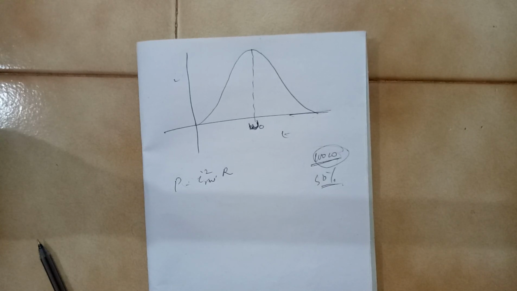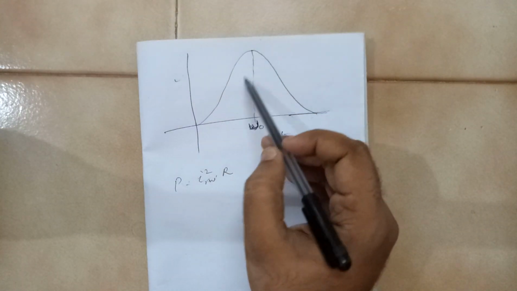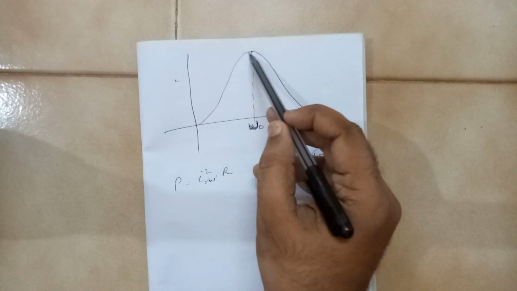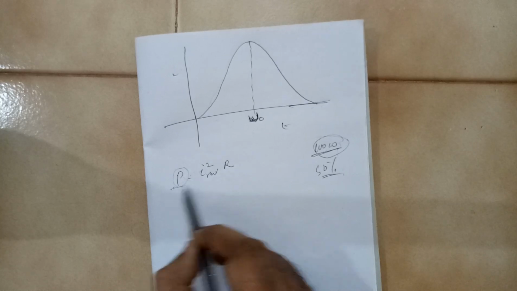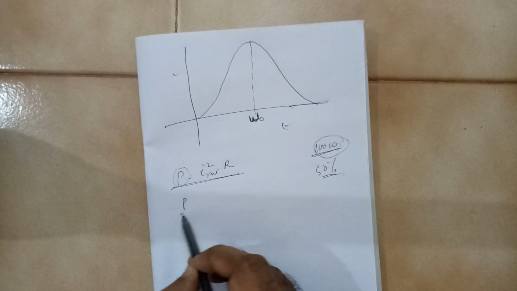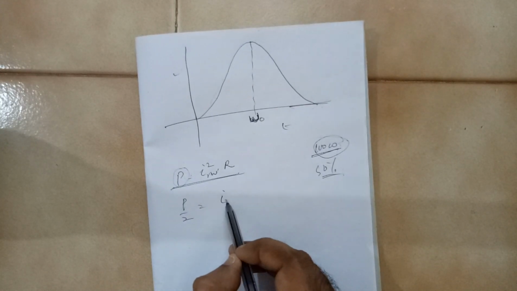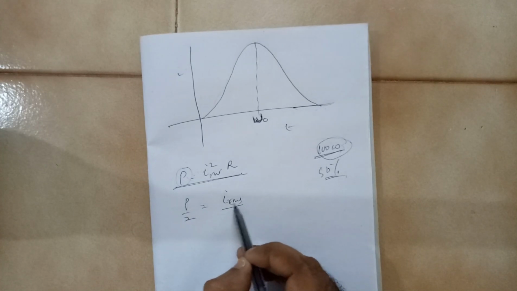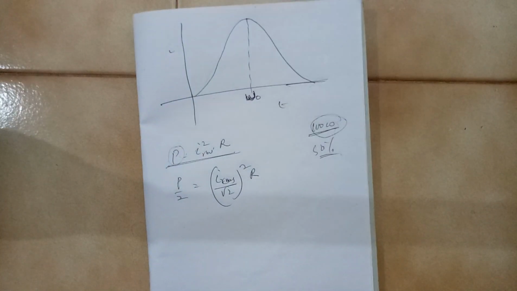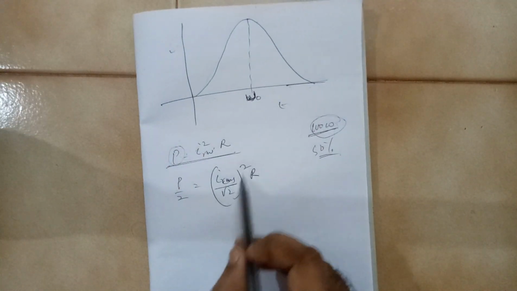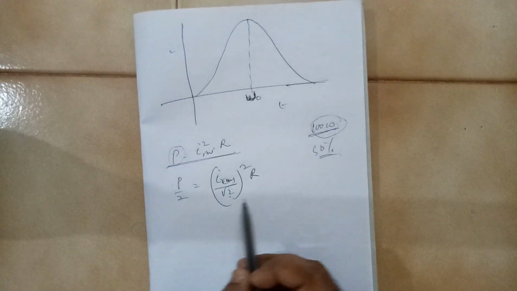Looking at this curve, which is the variation of I, at what current will I get P by 2? Can I write it as I max by root 2, whole square, into R? This will become I max square R by 2, so you get half the power.